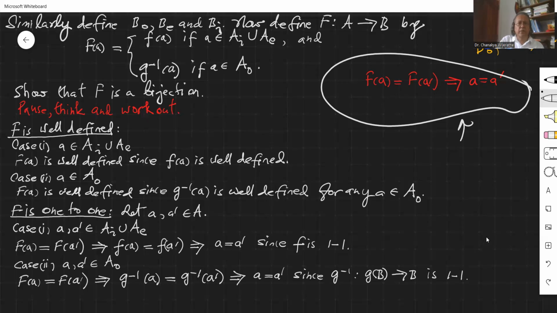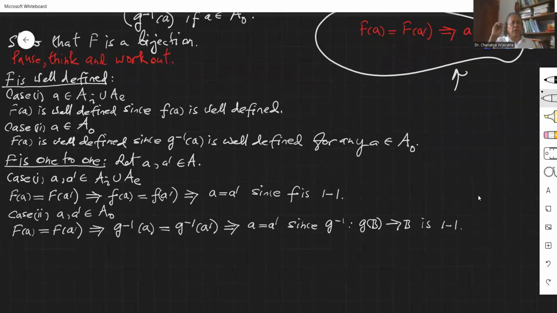And then we have at least one more case, depending on how you write it. Now, we consider two elements. One case is both are in AI union AE, and the other is both are in AO. Then you can say A is in AI union AE and A prime is in AO. That is case 3. And case 4 is A is in AO and A prime is in AI union AE.